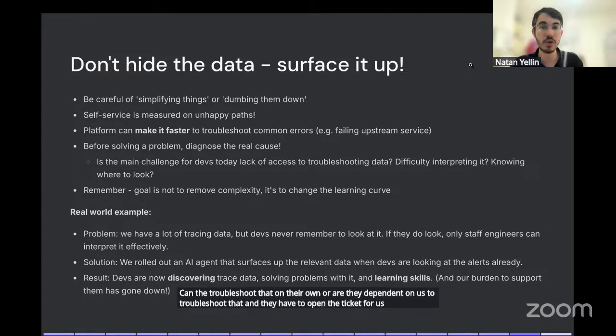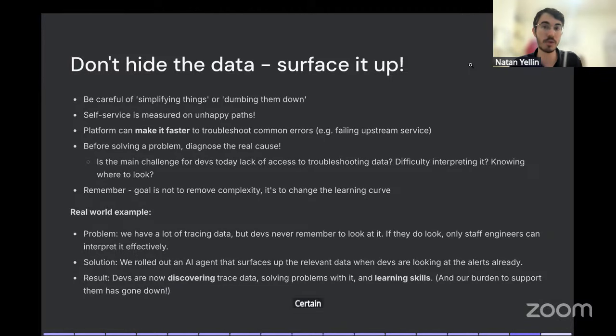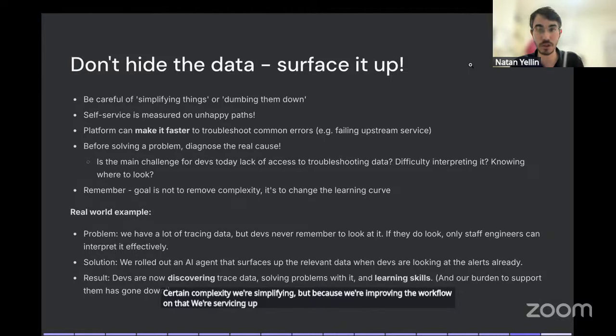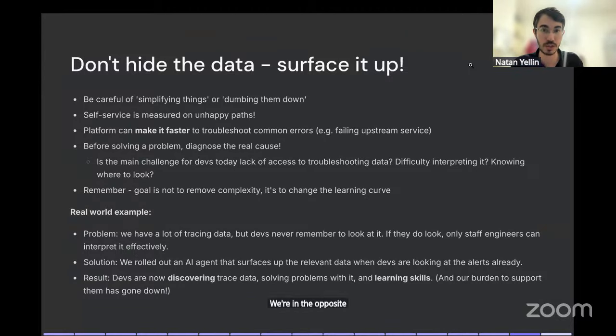And the goal of the platform is to make it faster to troubleshoot common errors, not because we're removing complexity or we're simplifying, but because we're improving the workflow on that. We're surfacing up relevant data. So we're making it easier to do what they already have to go and do. As an example, maybe in the apps that application developers are running in your organization, you have a microservices architecture, and it's really common for things to fail due to failing upstream services.